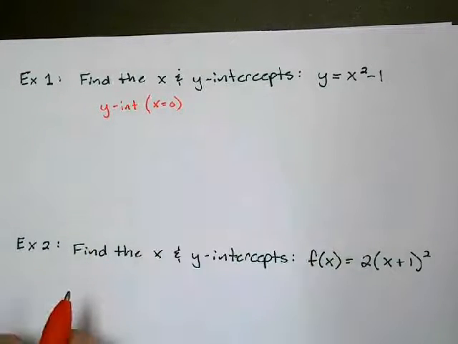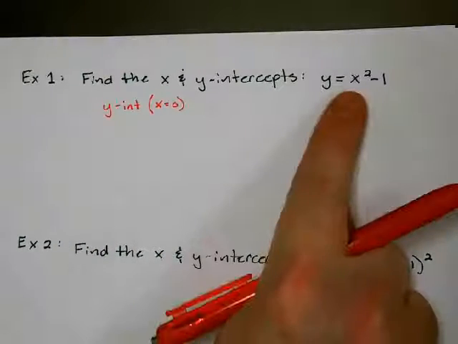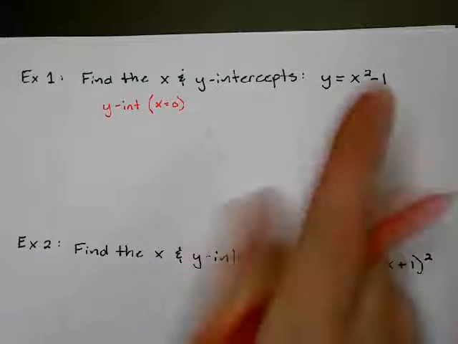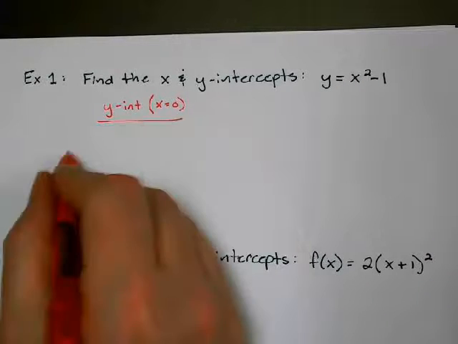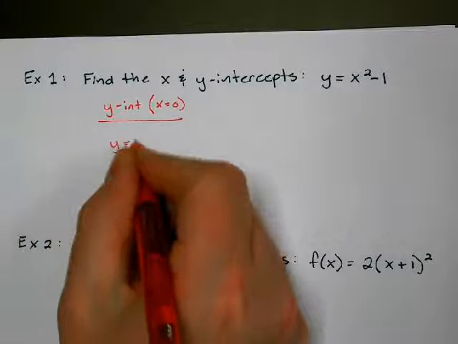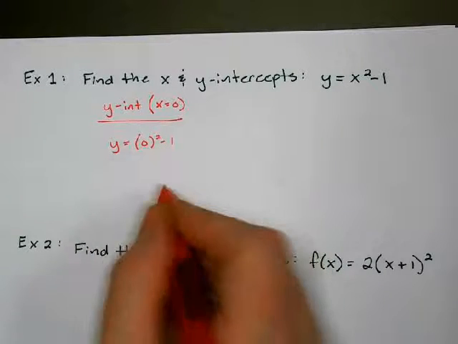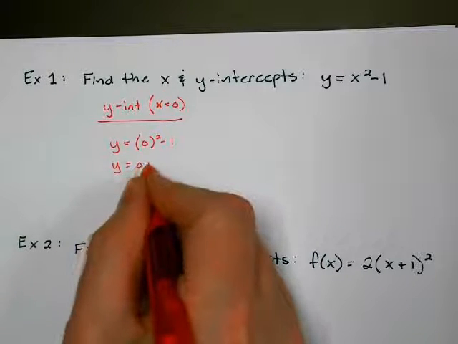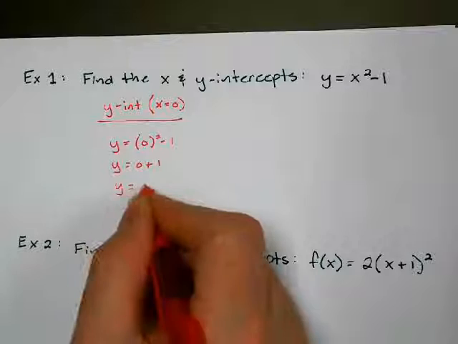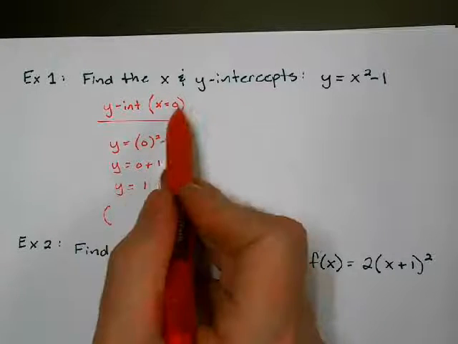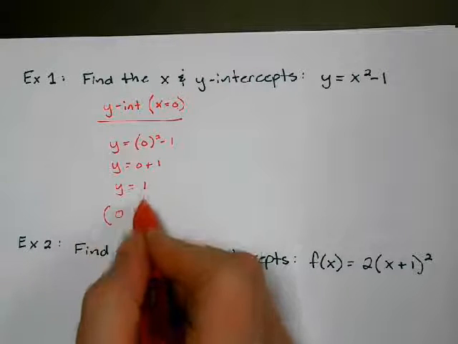So all I have to do is plug in 0 for x. So I would get y equals 0 squared minus 1. So this is y equals 0 minus 1, which is y equals negative 1. The y-intercept is at negative 1. What's the coordinates? Well, x was 0, y is negative 1. There's my y-intercept.